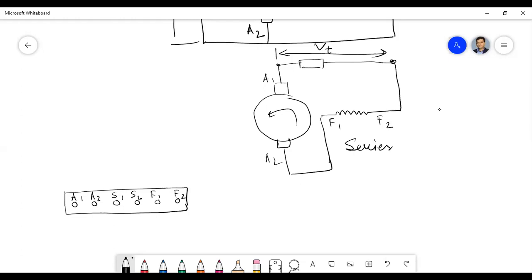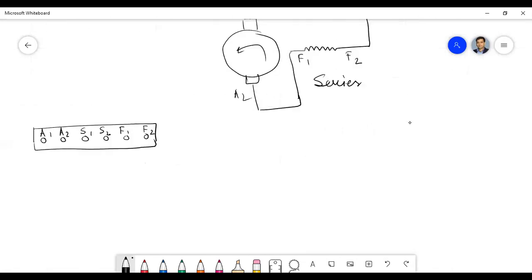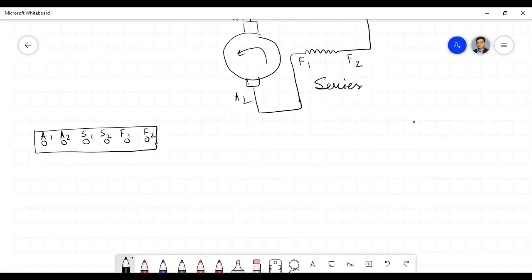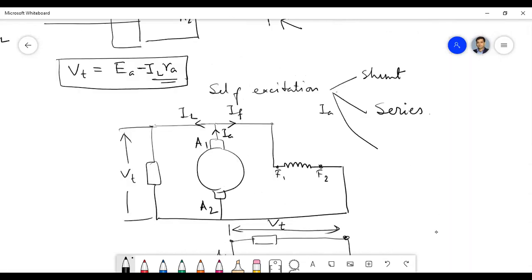Okay, so that means in those machines, we have 6 terminals, 1 armature coil and 2 field coils. And that type of machine is called the compound machine, where we have both series field and shunt field. So we have another category which is called the compound.